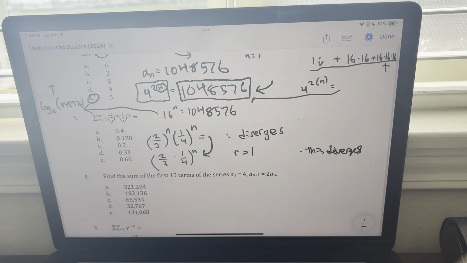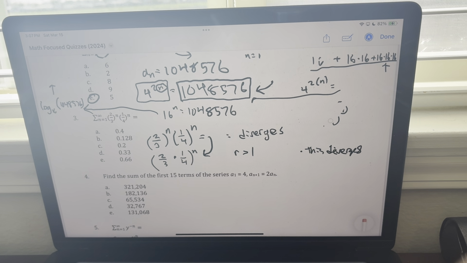We're just using multiplicative rules here. Now, it wouldn't work to say 2/3 to the n times 1/4 to the power of k is equal to 2/3 times 1/4 to the power of n times k. That would not work. It only works if the exponent is the same, in this case, both n.